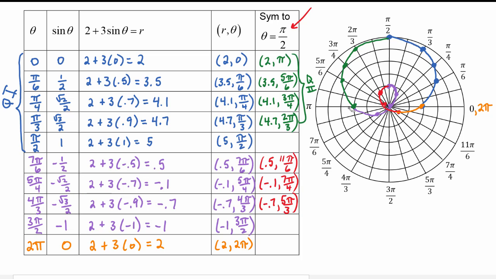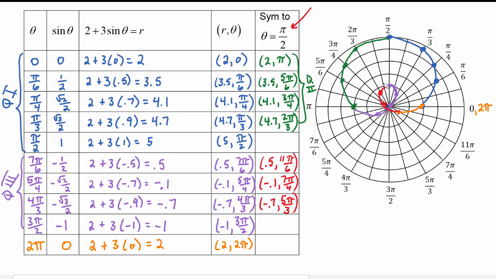So after quadrant 2, we plugged in the quadrant 3 angles right here. And from the quadrant 3 angles, we actually got this purplish gray section here.